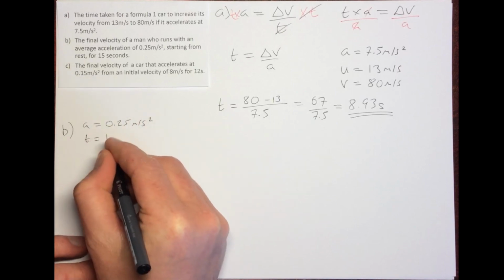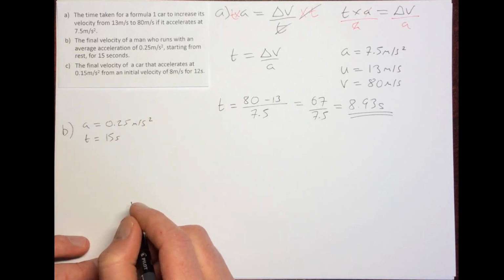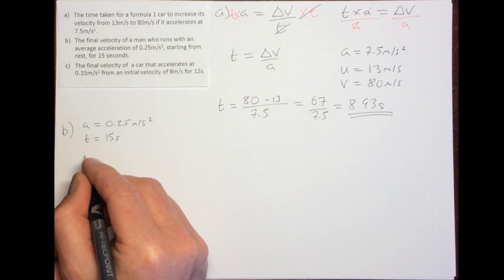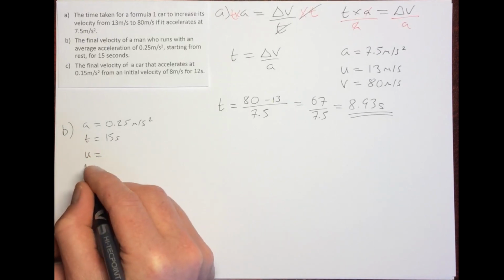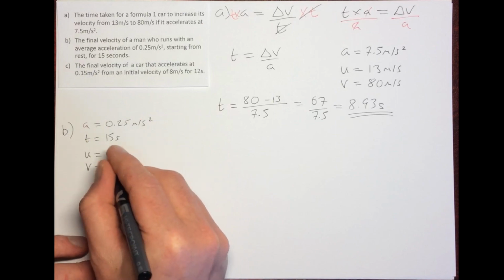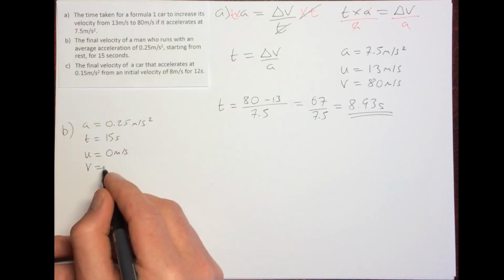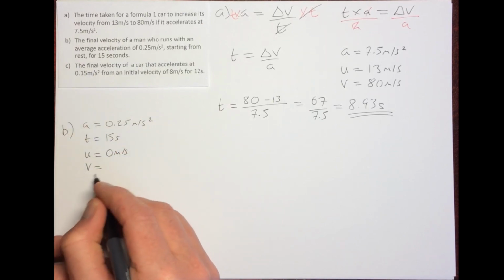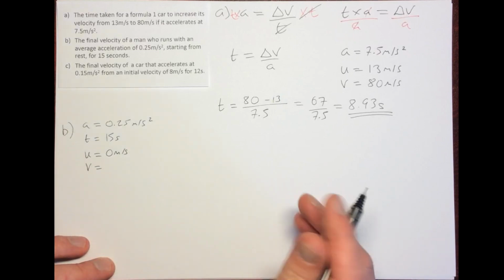We've got that t is 15 seconds. We don't have delta v, the change in velocity. We have u. It says that he starts from rest, so that means he starts from 0 meters per second. We don't have v, and that's what we're looking for, the final velocity.